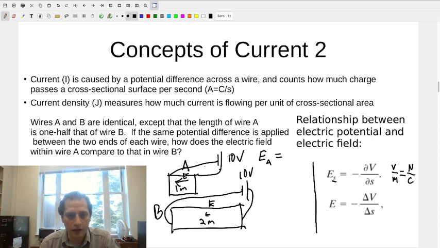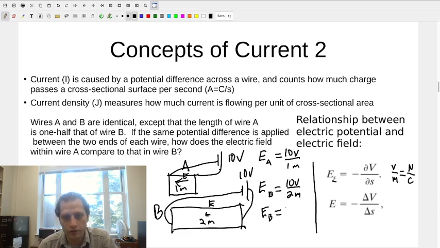In your A example, it would be 10 volts per 1 meter. In B, it would be 10 volts per 2 meters, or 5 volts per meter.